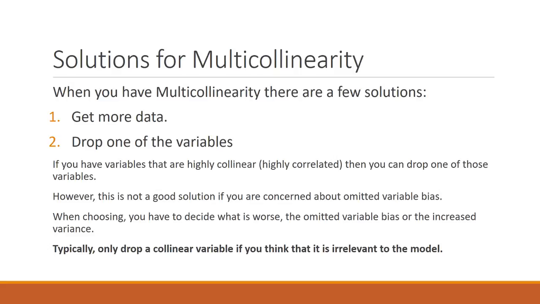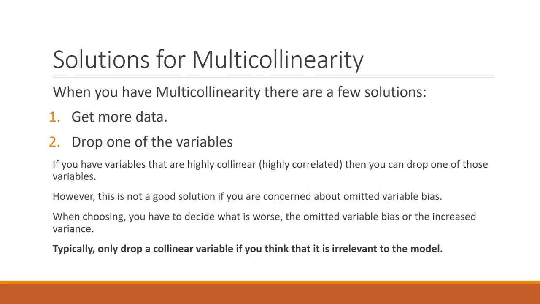Typically, we will only drop a collinear variable if we think that it is irrelevant to the model. That means the omitted variable bias problem is a much bigger problem than multicollinearity. We're more concerned about bias than we are about efficiency.